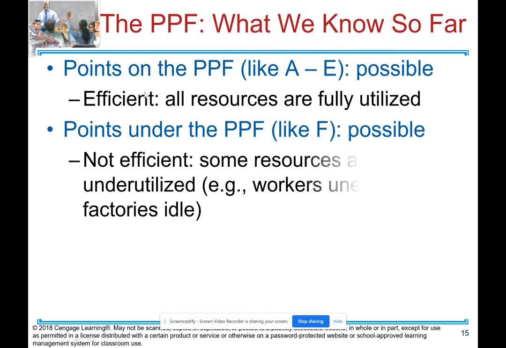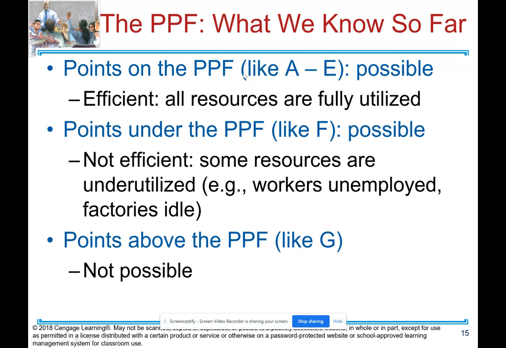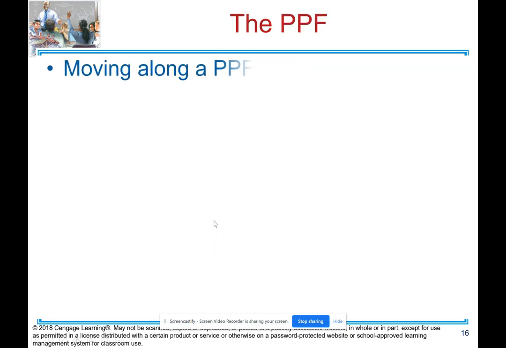Okay, so points on the production possibilities frontier are possible and efficient. All resources are fully utilized. Points under the production possibilities frontier, like point number F, are possible, but not efficient. Some resources are underutilized. Workers are unemployed. Factories are idle. Points above the production possibilities frontier, like G, are not possible.